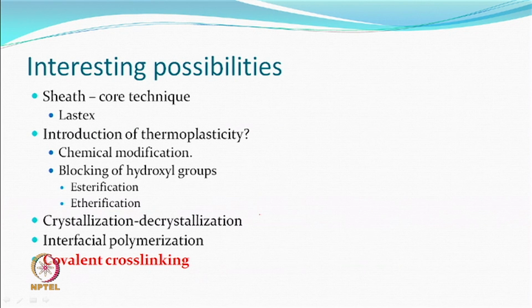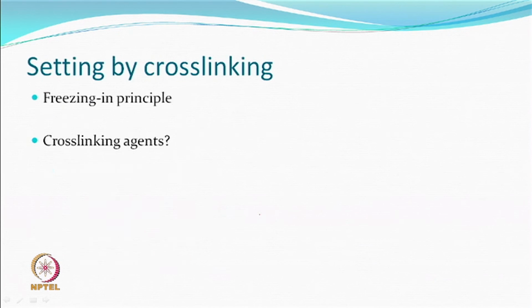This is different from what has happened before, in that you are actually making a covalent cross-link between the molecules rather than breaking anything, so adding things. And so, this definitely employs the principle of freezing in.